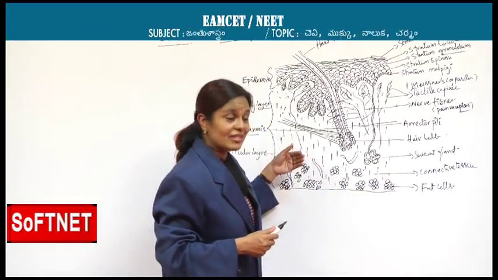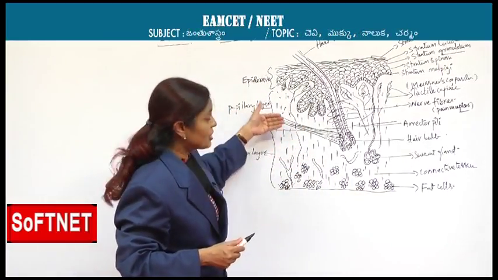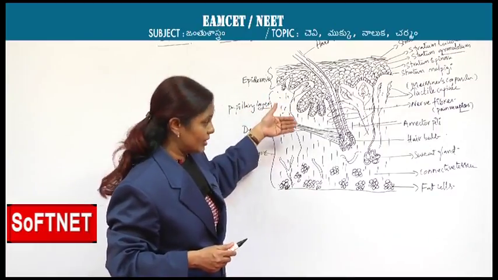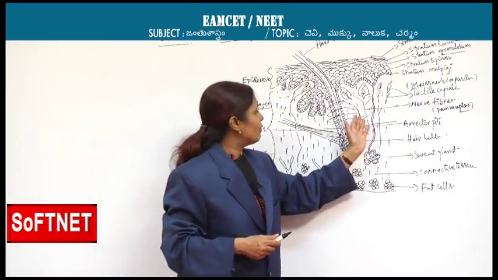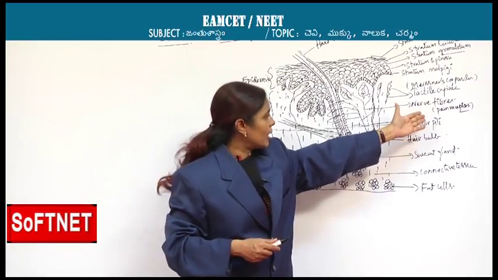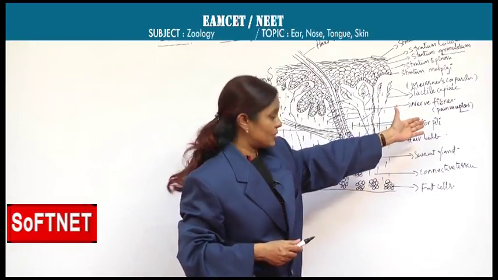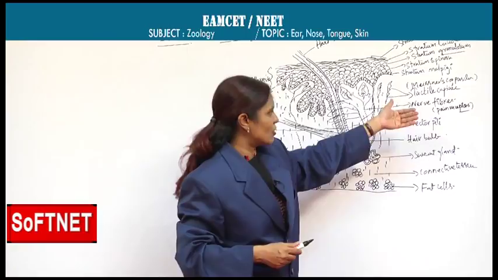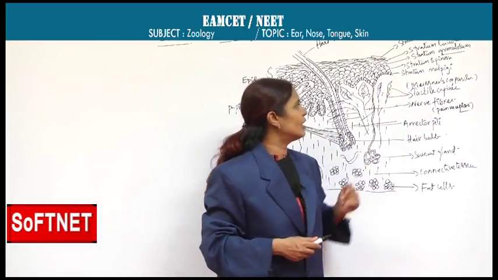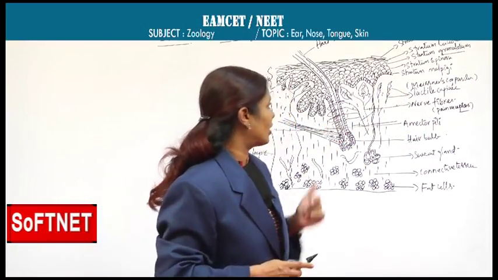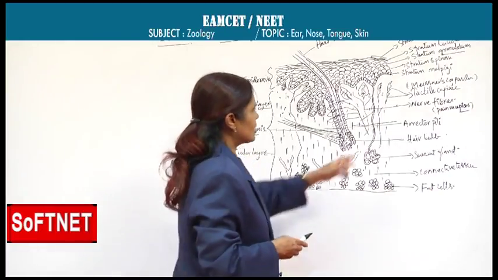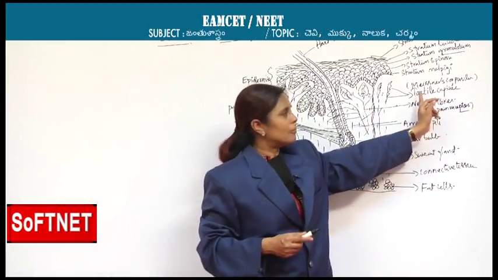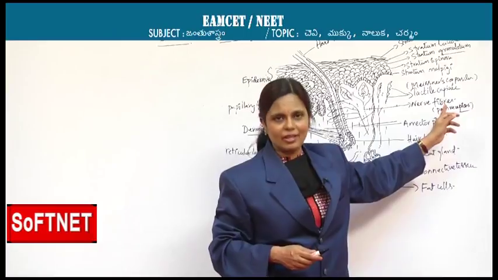So, in this papillary layer, which is made of areolar connective tissue, you find free nerve endings that play a role in pain perception, that is receiving the sense of pain, and you also find sensory capsules called as Meissner's corpuscles that play a key role in perceiving the sense of touch.